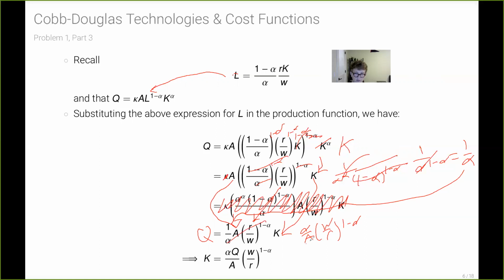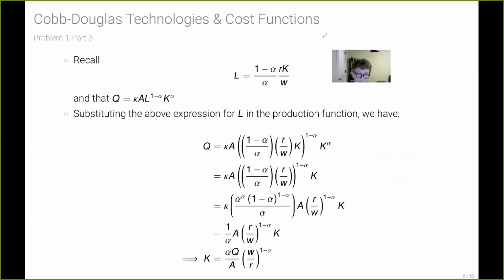All of this should cancel with this. And so what we're left with is alpha over A, W over R, all raised to 1 minus alpha. And so that's exactly what we get here. So we've written K now as only a function of alpha, A, Q, W, and R. Okay, so that's the problem.